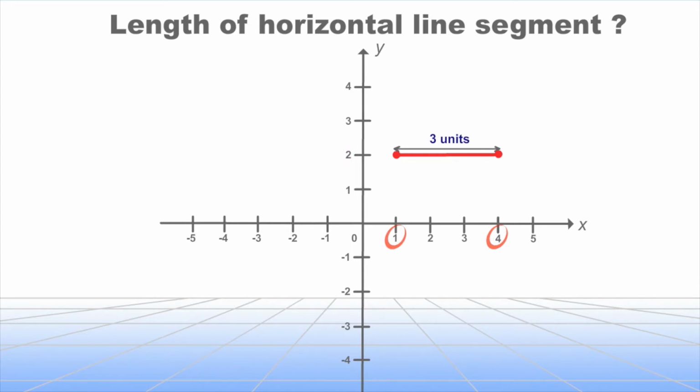Thus, the coordinates of the two endpoints are 1, 2 and 4, 2. The length of the line segment should thus be the difference between the two x-coordinates. Hence, the length is given by 4 minus 1, which is equal to 3 units. This answer is the same as the one we get with the counting method.